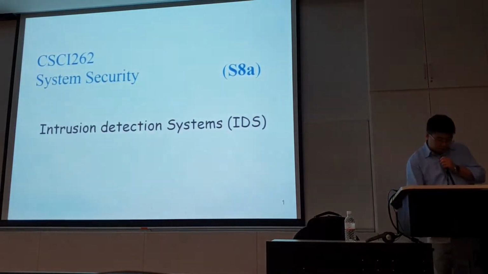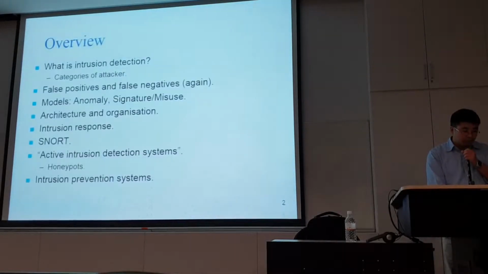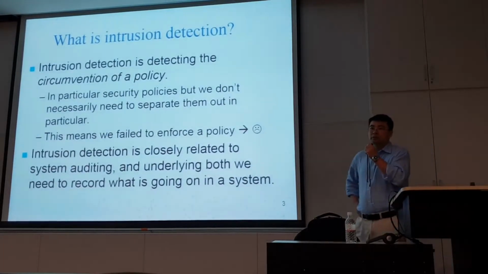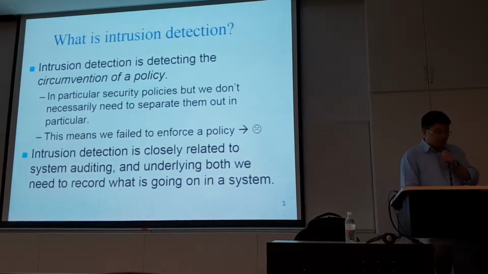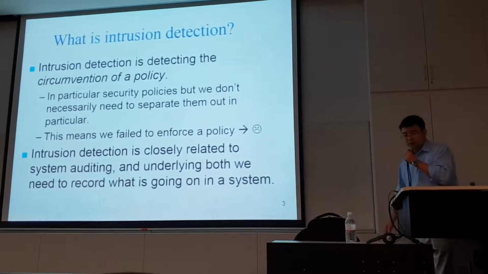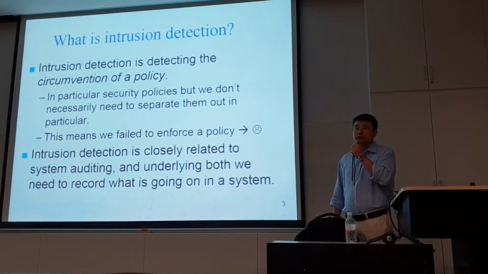So let's first look at intrusion detection. What is intrusion detection? If an intrusion detection system is used, it essentially means we have failed to enforce the security policies we studied before, like authentication and access control.